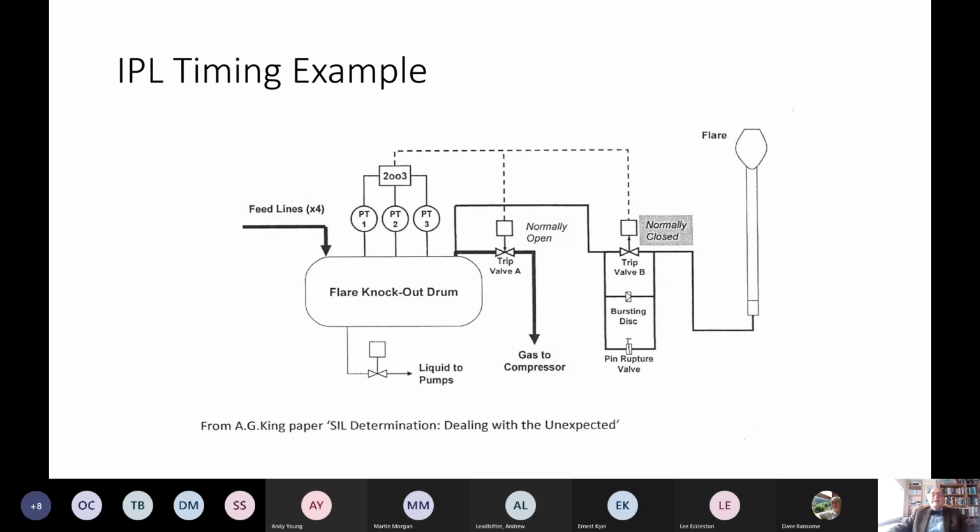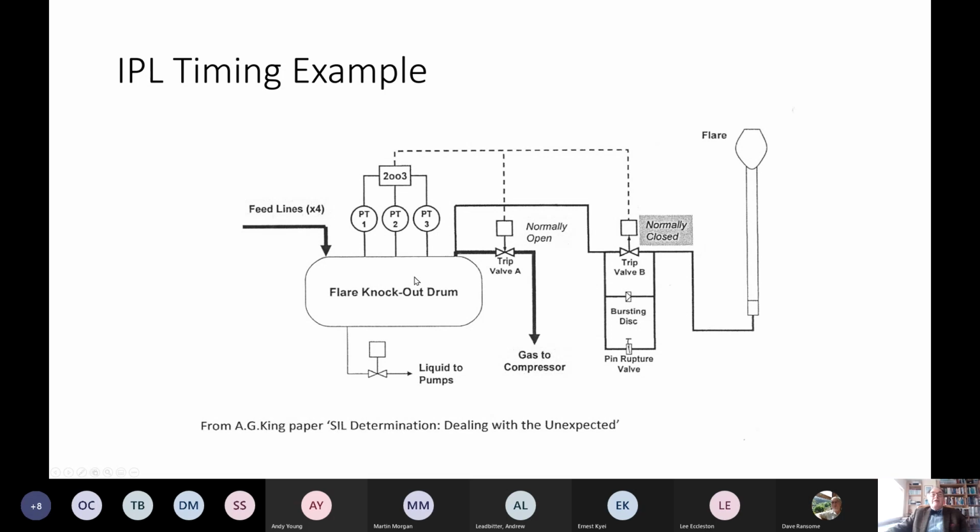That's the essential action of the SIF that's contemplated here. There are also 2 mechanical relief provisions here, a bursting disc and a pin rupture valve, which is again another mechanical relief device, which has a pin that buckles to allow the closure member to open and relieve the pressure. So 2 independent protection layer provisions there.